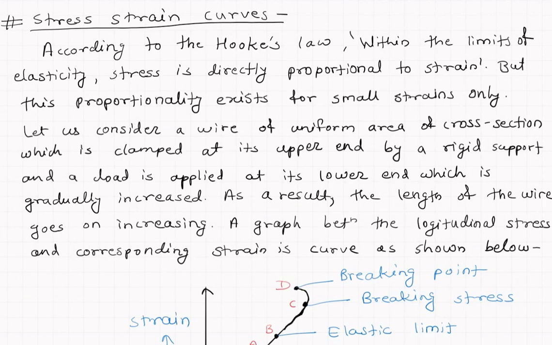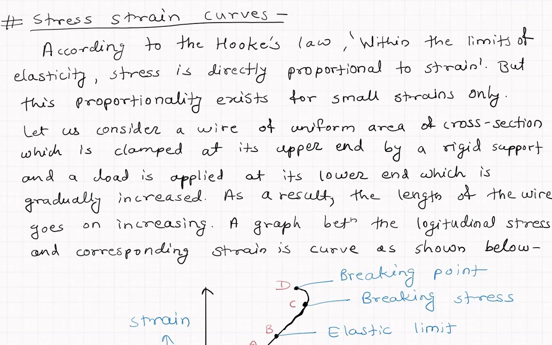According to Hooke's law, within the limits of elasticity, stress is directly proportional to strain, but this proportionality exists for small strains only. Let us consider a wire of uniform area of cross-section which is clamped at its upper end by a rigid support, and a load is applied at its lower end which is gradually increased.